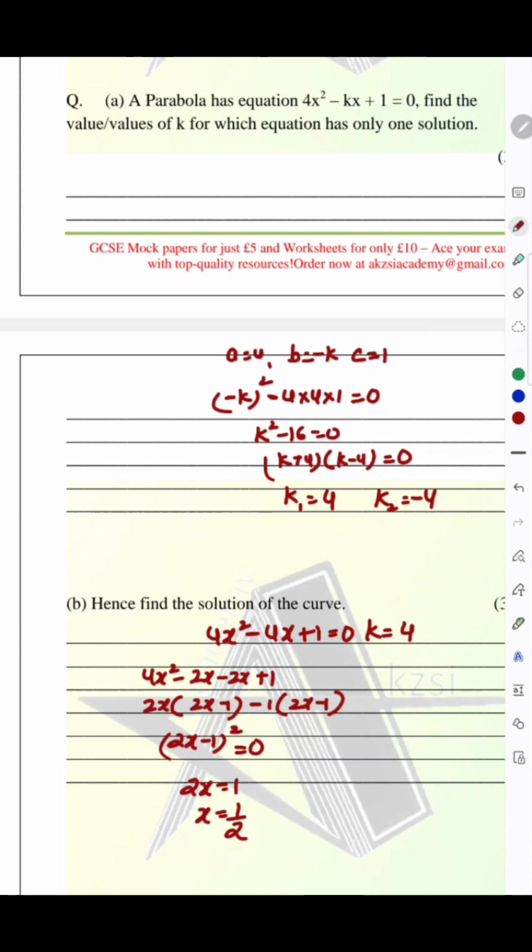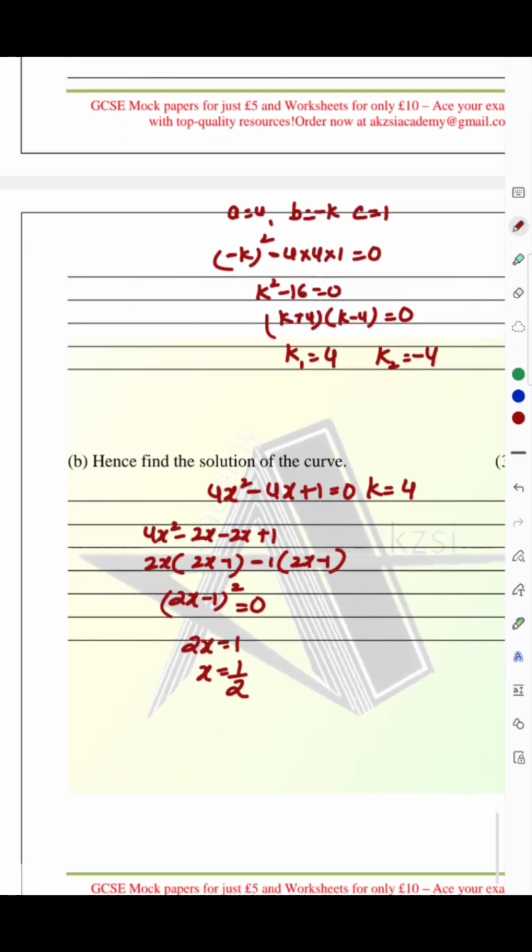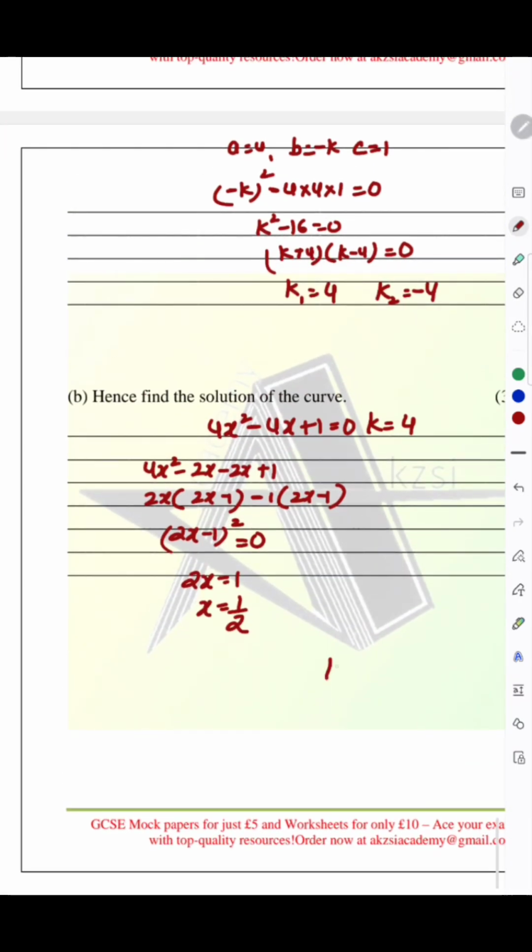Obviously, you will get the same value. That's already mentioned, it has one solution only. So x1, x2 both are half. This is when I substitute k equals 4. On substituting k equals negative 4, I'll get 4x squared plus 4x plus 1 equals 0. Again, the two numbers are 2 and 2, because the product is 4 and the sum is also 4.